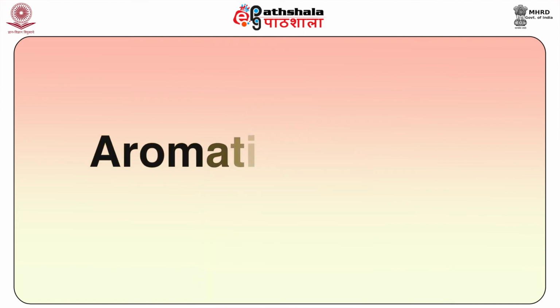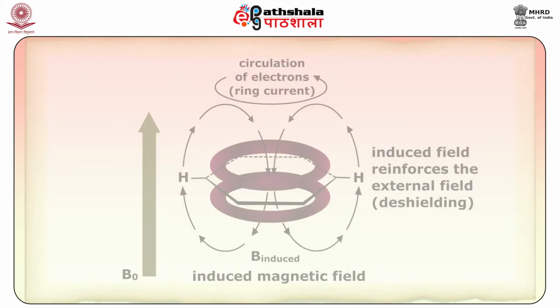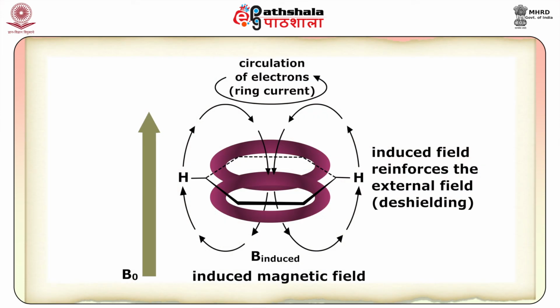Now, let us come to the pi electrons and their effect on the chemical shift of aromatic protons. In benzene, the pi electrons are delocalized cylindrically over the aromatic ring, that is above and below the plane of the ring. When a magnetic field is applied perpendicular to the plane of the aromatic ring, the circulation of pi electrons produces a ring current which induces a magnetic field perpendicular to the plane of the ring.